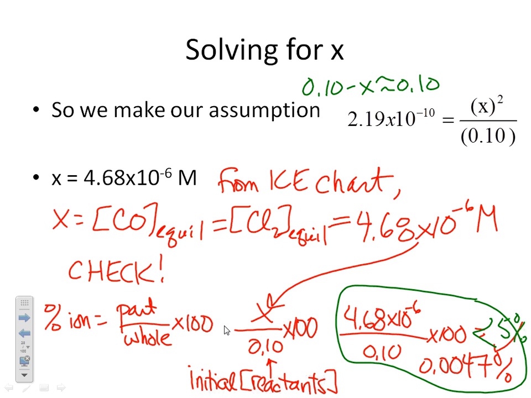But that's the trade-off if you're making this assumption, which really does make your life easy because you're avoiding using the quadratic equation. And on the multiple choice on the AP Chemistry exam, you will be asked to do this type of problem without a calculator, and there's no way to do this without a calculator without making that assumption. Of course, it's multiple choice, so they're not looking for your work, they're just looking for the correct answer, but you will be expected to understand that 0.1 minus x is approximately 0.1, which makes solving the problem without a calculator much simpler.